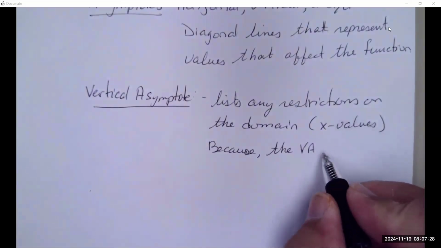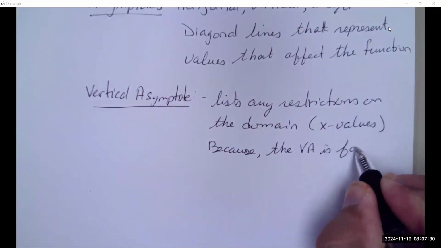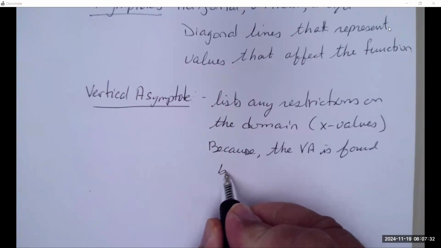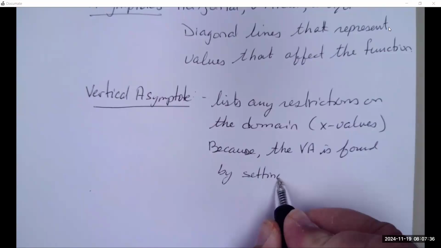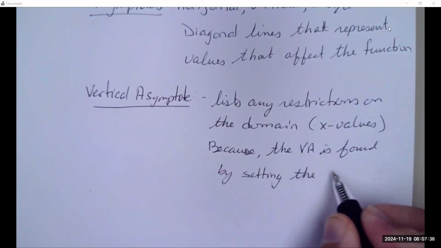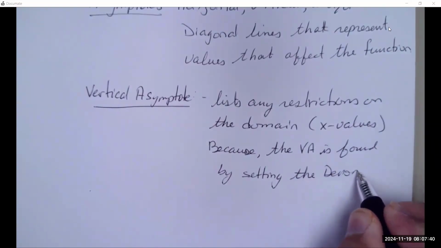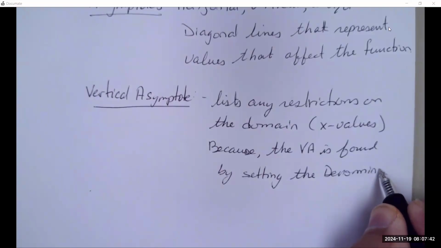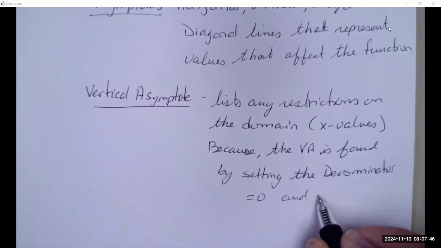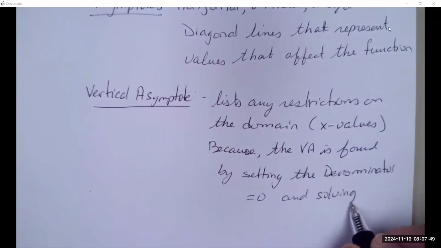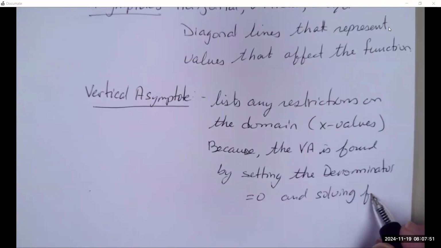Very good. Excellent. It's found by setting the denominator equal to 0 and solving for x.